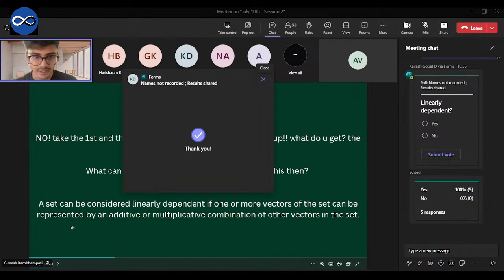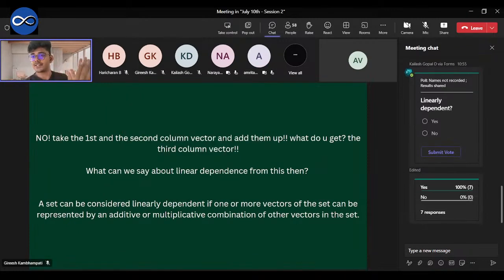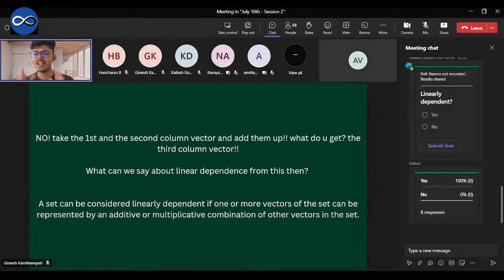yeah, as you can see, if I add the components of two vectors separately, it just means that I'm adding the two vectors as a whole, right? And this addition of the two vectors is giving me the third vector in the vector set. What does this mean?